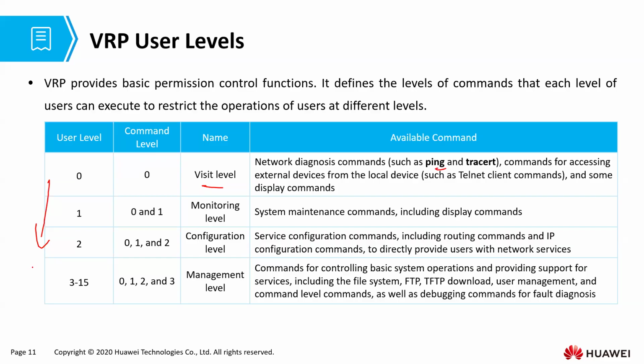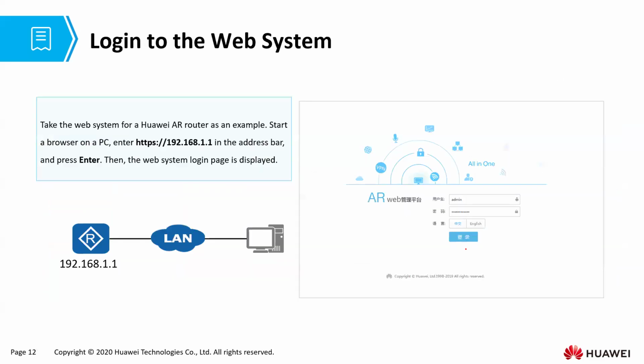So my user levels, in short, are used to restrict what users can access when they are managing my devices. Typical questions: could a user change routing commands? Which level is that, which user level is that? You need to be able to identify some of those things.